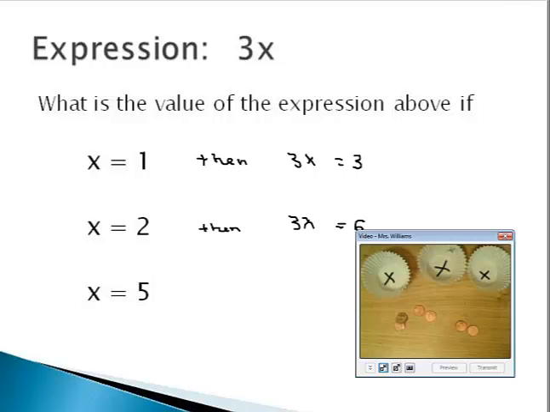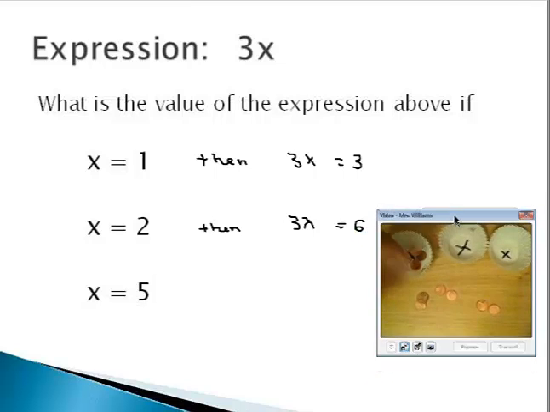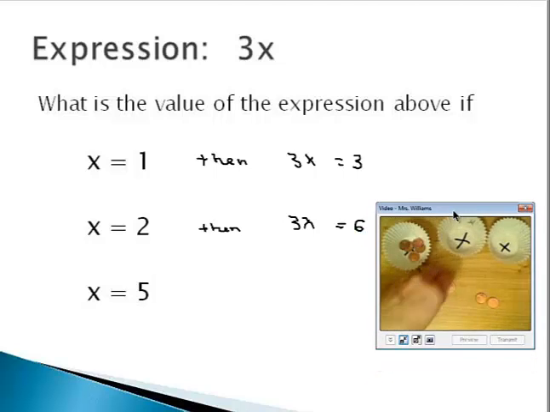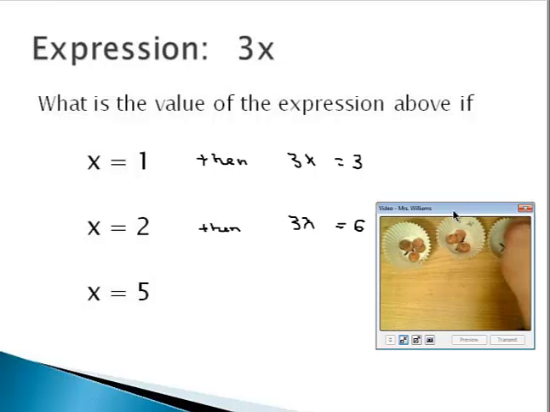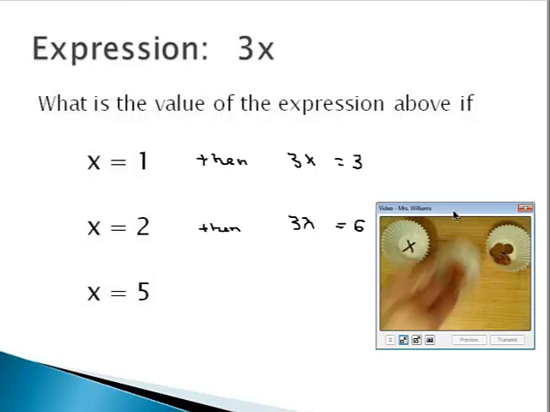And I think you can see where we're going with this. If x is equal to 5, then we have to put 5 pennies in each X box. Okay, so we have 5 pennies in each X box.